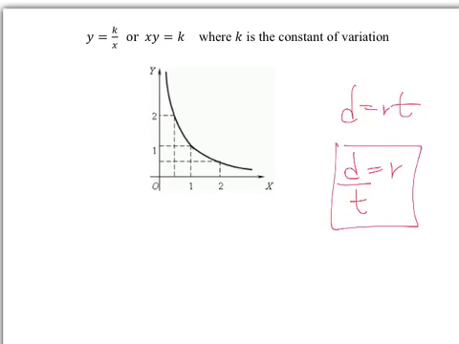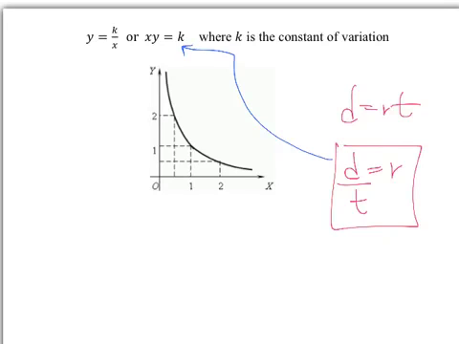Who saw it this way, that's boxed in when they were younger, or did you see it as d equals rt? Okay. In a lot of the physics students see it this way. So when we look at this xy equals k is rt equals d, and we're just solving it this way.